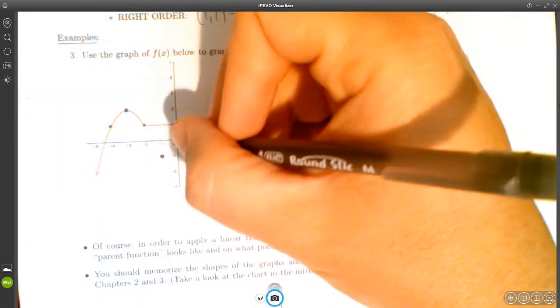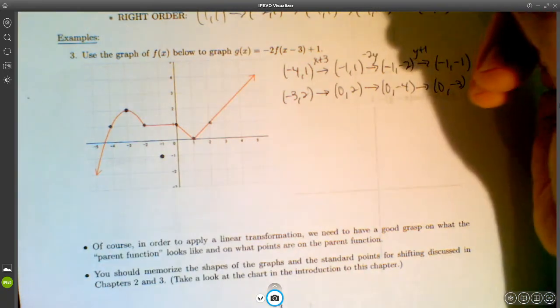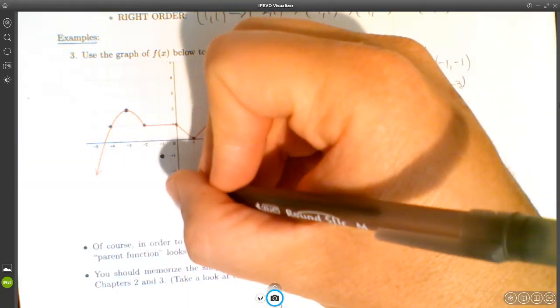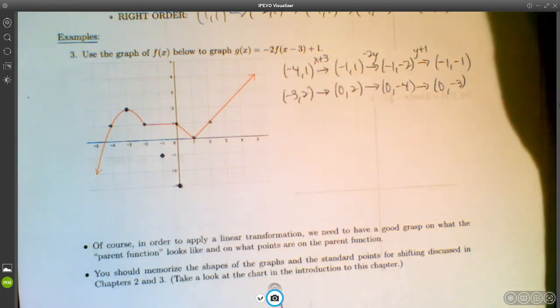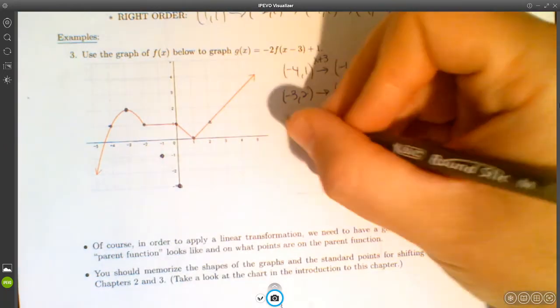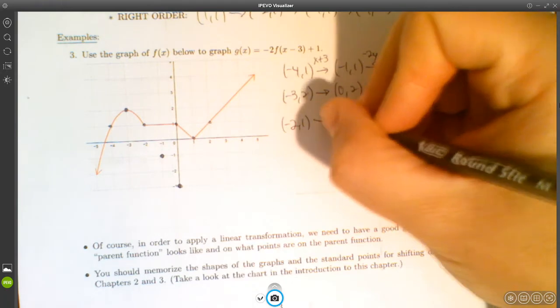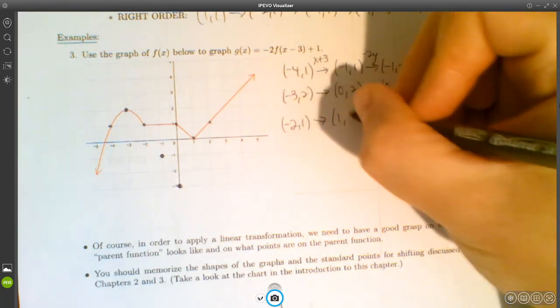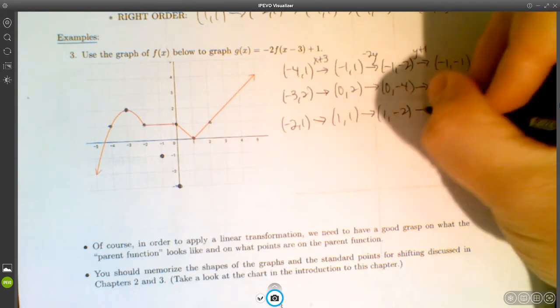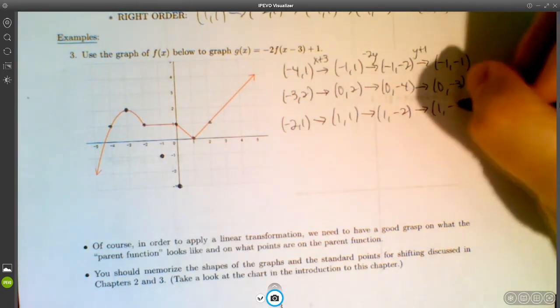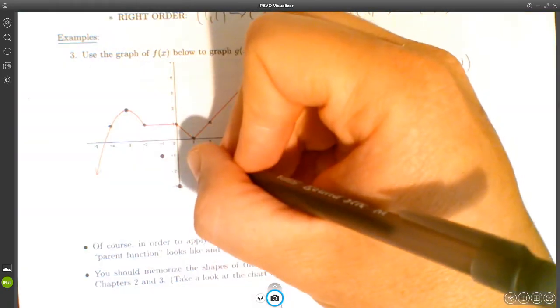So I end up at 0, -3. What about -2, 1? I add 3, multiply by -2, add 1. I end up at 1, -1.